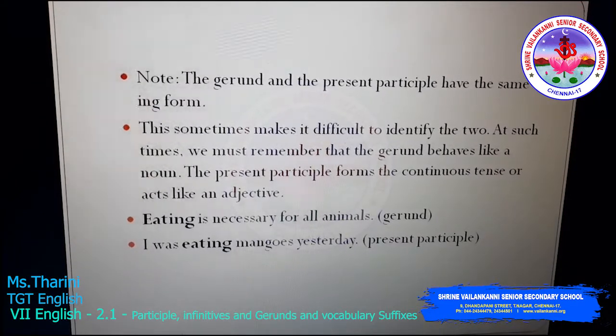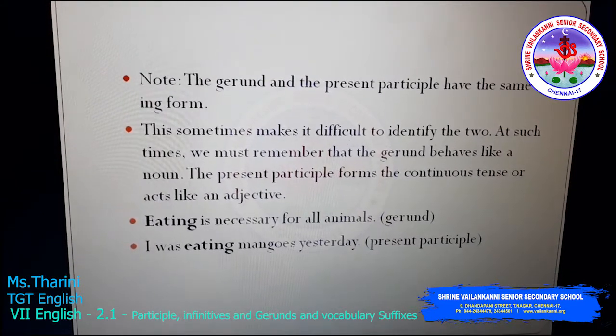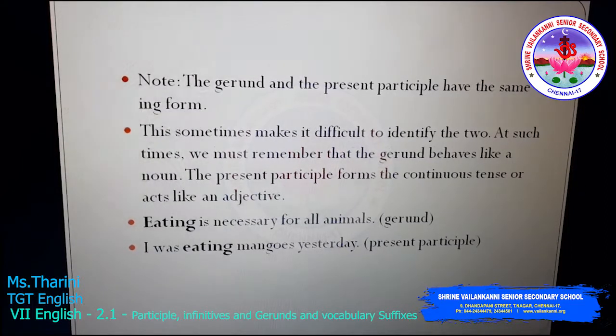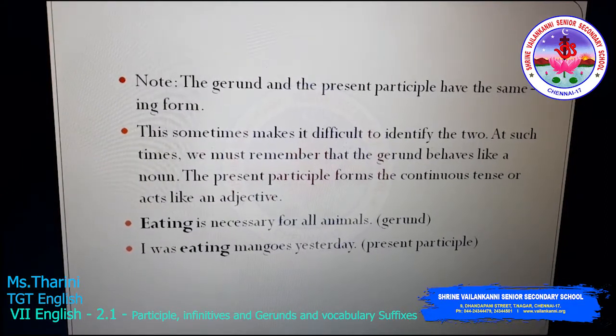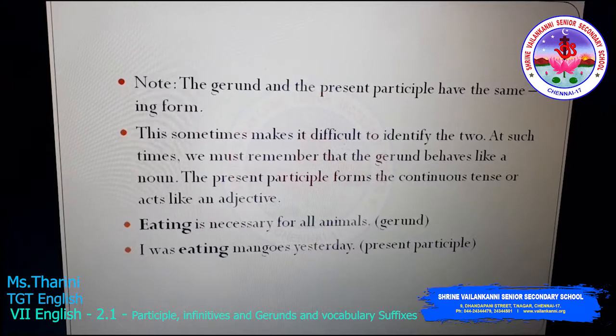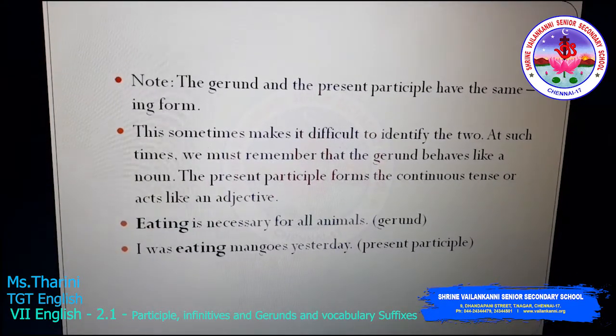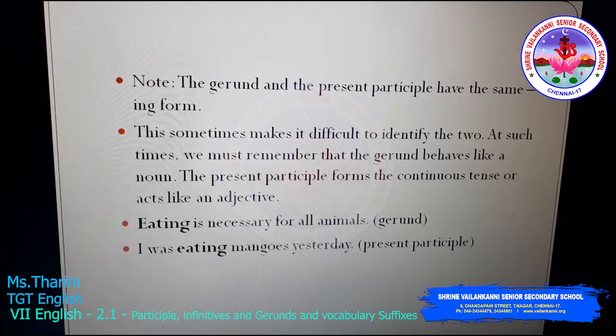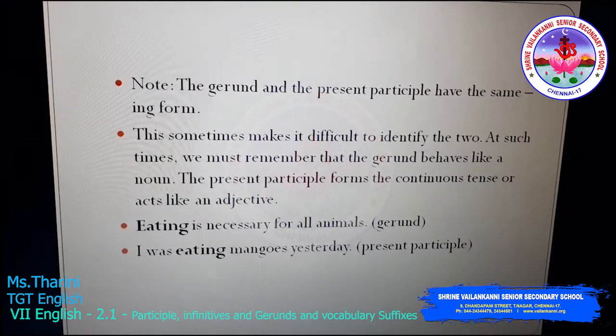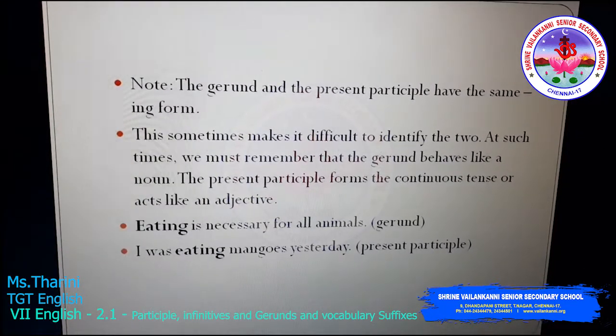As I said before, painting is my hobby, drawing is my hobby, I prefer reading books. Yeah? It behaves like a noun. The present participle forms the continuous tense or acts like an adjective.